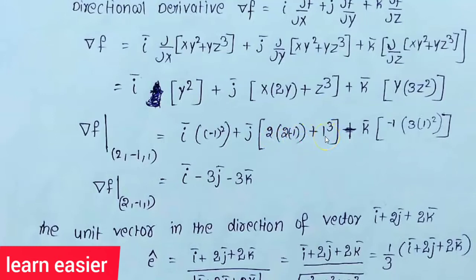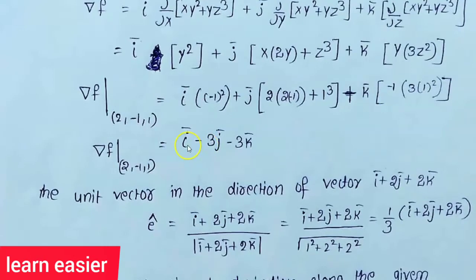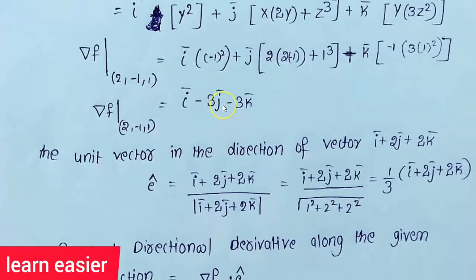Here 1 cube because z is 1. And here y is -1 and z is 1, so finally we have -1 into 3 into 1 square, which gives -3. So finally we get i bar minus 3j bar minus 3k bar.